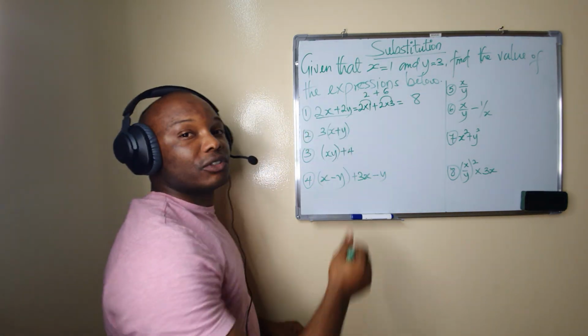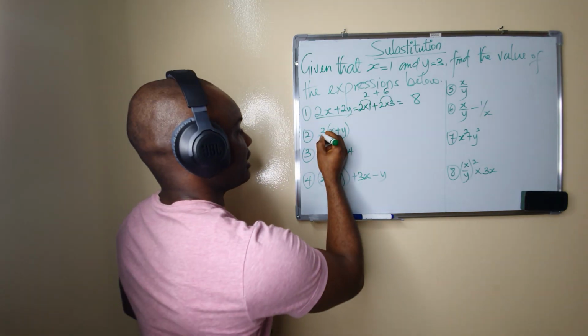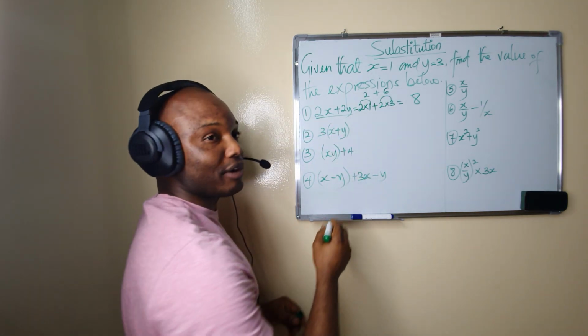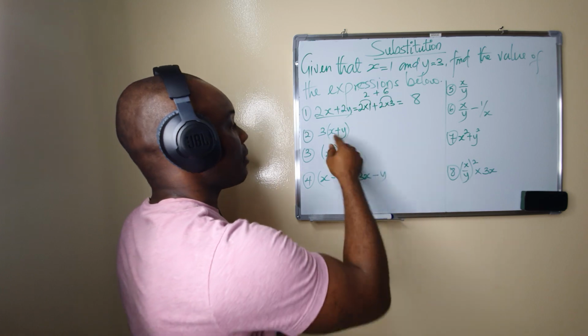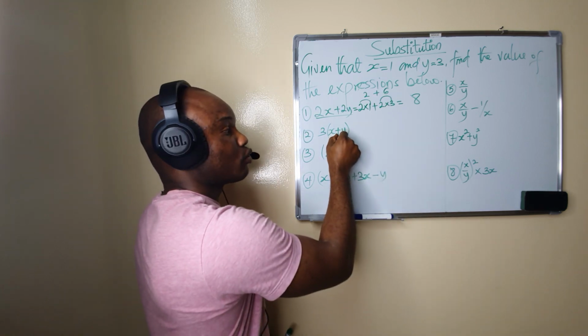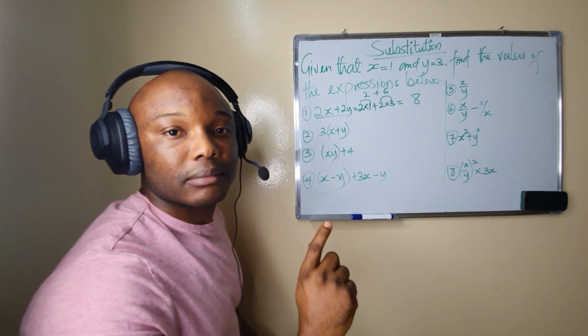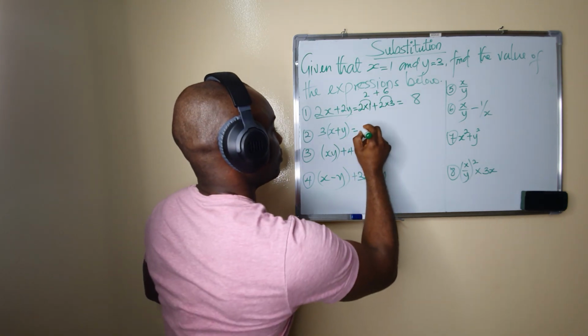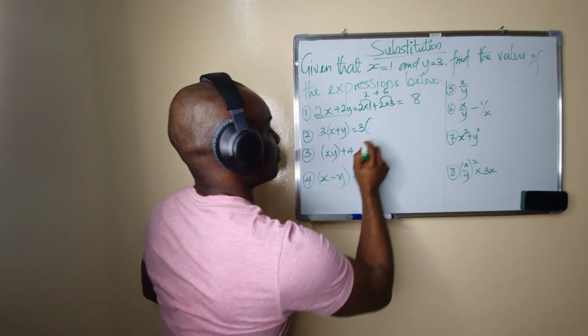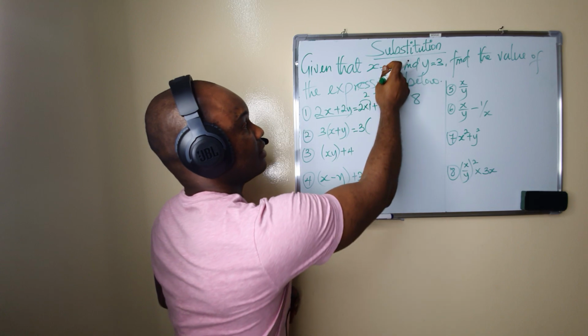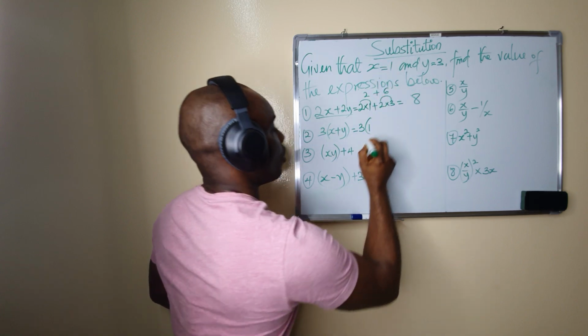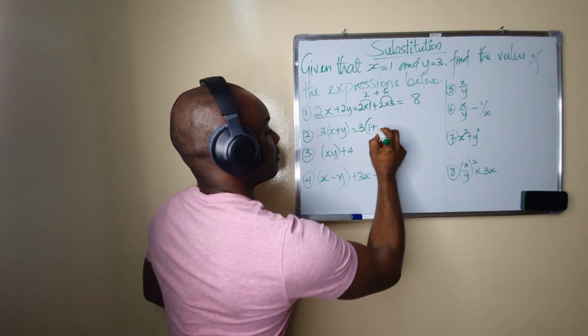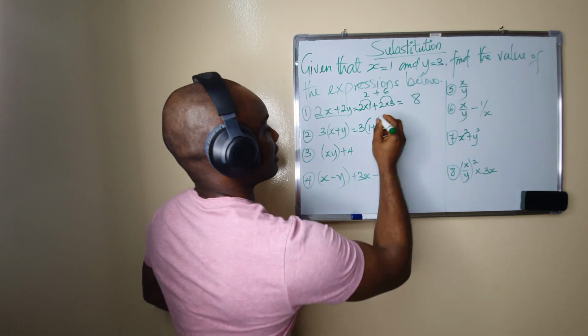Therefore, let's proceed to the next one. We have 3 and we have x plus y in a bracket. What this means is that we are multiplying the sum of x plus y by the number 3. Hence, to do that, I'll write out my 3 and open my bracket. The value of x is 1, so we substitute 1 for x, plus the value of y is 3.